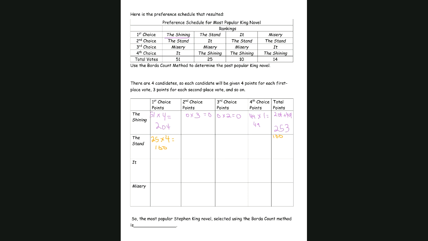All right, so let's look at the second choice. The Stand was considered the second choice by 51, 10, and 14. So 51 and 14 is 65, plus 10 is 75. So 75 times 3 points. That's going to give me 225.